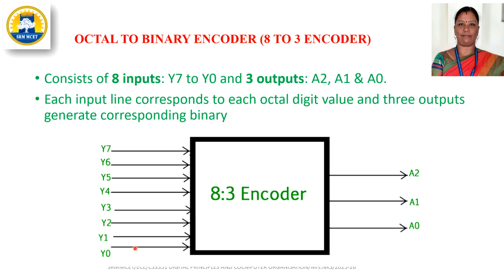It has 8 inputs named Y0, Y1, Y2, Y3, Y4, Y5, Y6 and Y7. At any instant, any one of these 8 inputs will be activated, so the output will have the binary equivalent of that particular input. This is the concept of the 8 to 3 encoder.